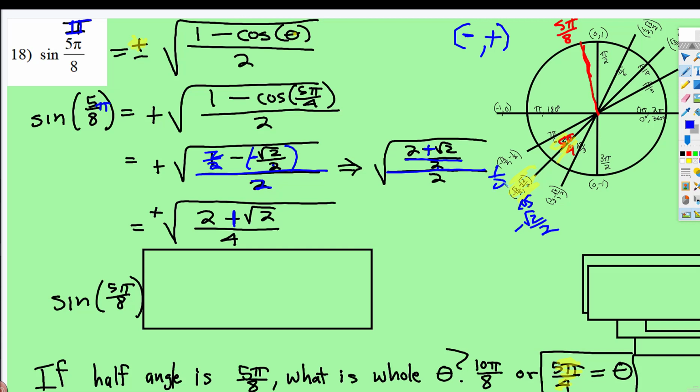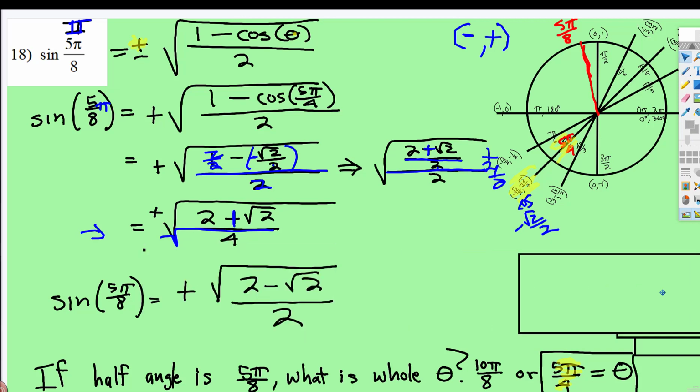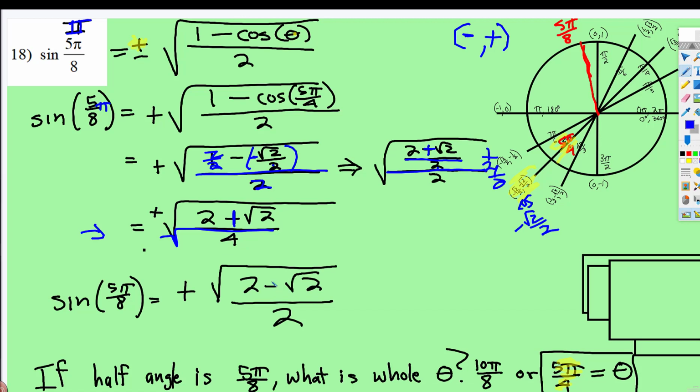Then we multiply top and bottom by 1/2, which simplifies to positive square root of 2 plus root 2 all over 4. Remember, that's like saying the square root of the numerator over the square root of the denominator, and the square root of 4 is 2.